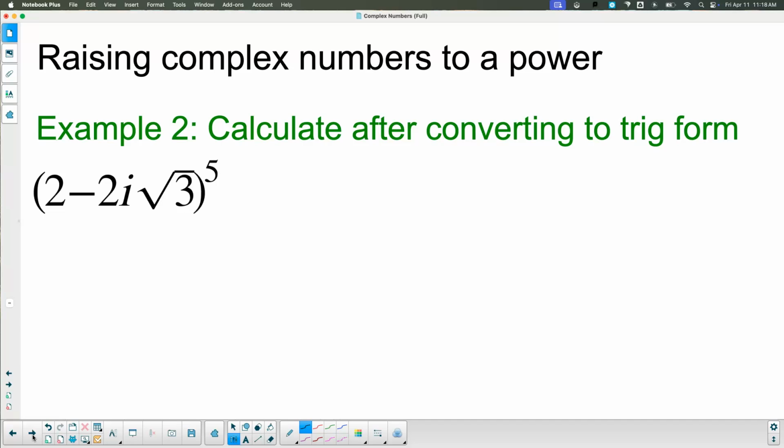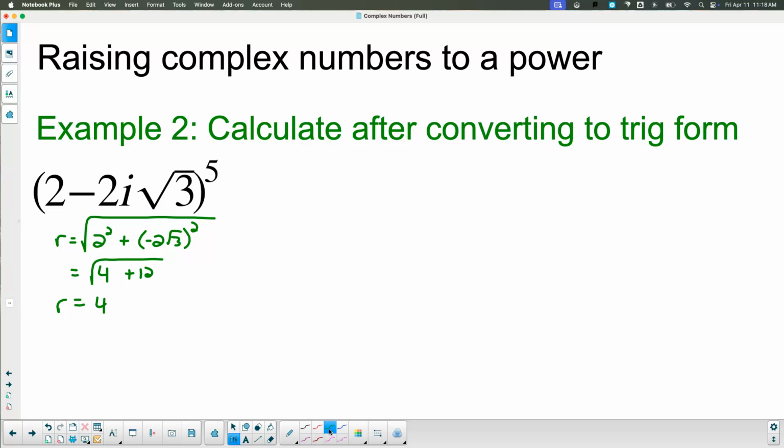If I switch this to trig form, what is my R value here? So I'd have 2 squared, and I'd have to add that to negative 2 square root of 3. I'd have to square that, and then square root that. So that's 4, and that's 12. Which is 16. Square root of 16 is 4. Yes?